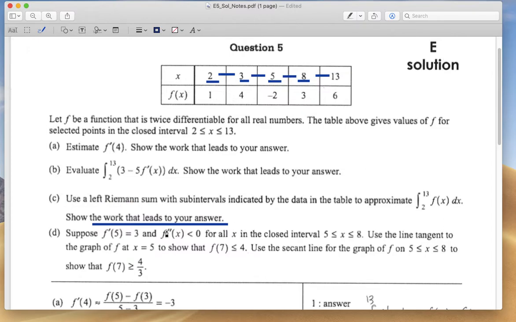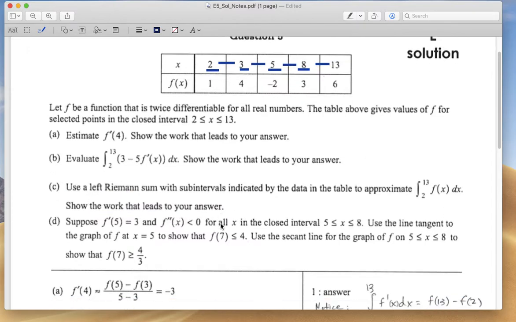Okay, the last question. There's a lot of information to sort out on the last question. So we're given that f prime at some point is equal to 3. Okay, we'll store that for later. F double prime is negative for every x inside of this interval from 5 to 8.